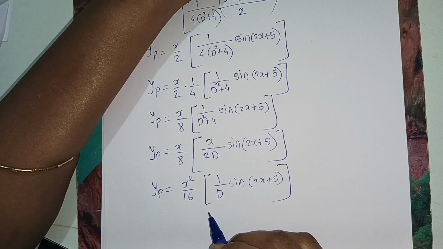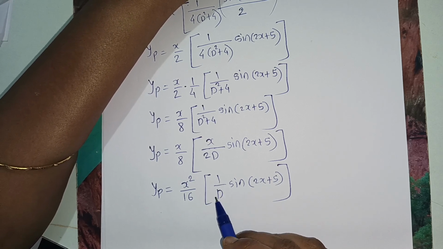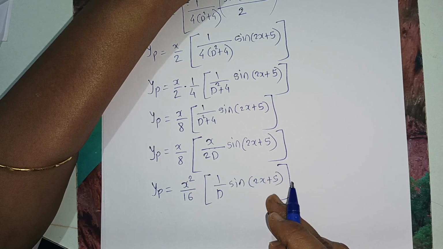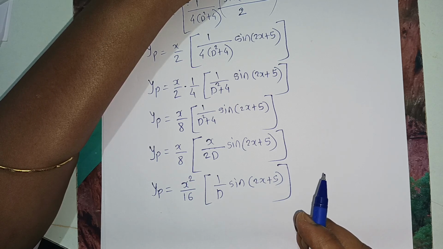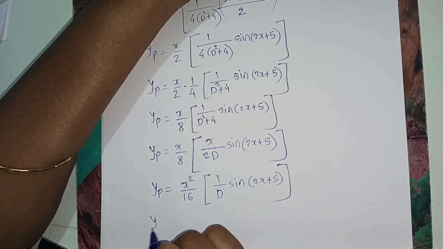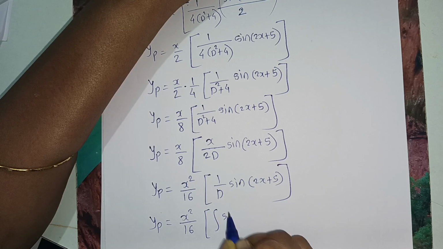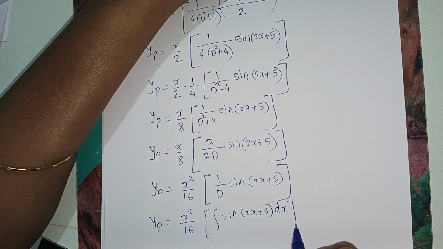So now you have two choices. Either you can multiply numerator and denominator by D, so that the denominator will be converted into D square and you can replace that D square by minus a square. Or else you can simply take 1 by D as integration. Okay, 1 by D works as integration, so you can use it also. So yp is equal to x square by 16 integration sin of 2x plus 5 dx.